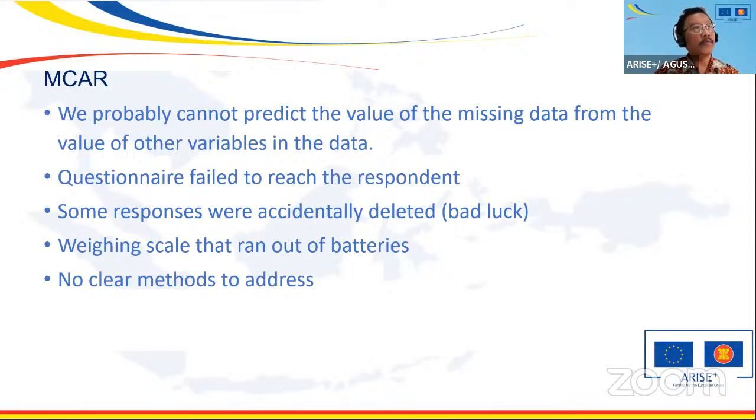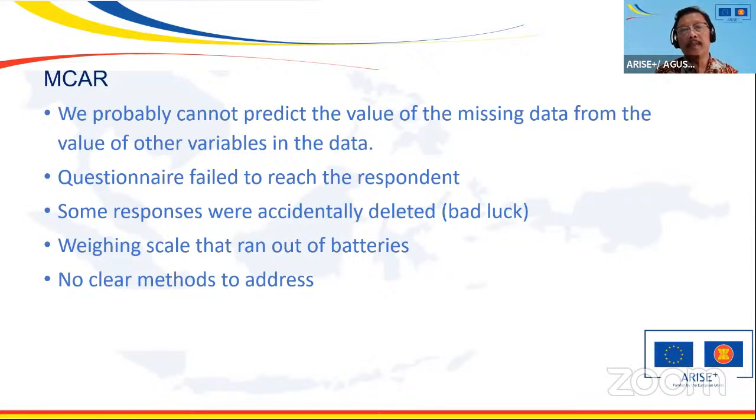So the best way, if the magnitude is not big, and the amount of the sample is not our major concern, is to just delete the missing. This deletion will not affect the distribution. Why? Because they come at random, so they spread anywhere.